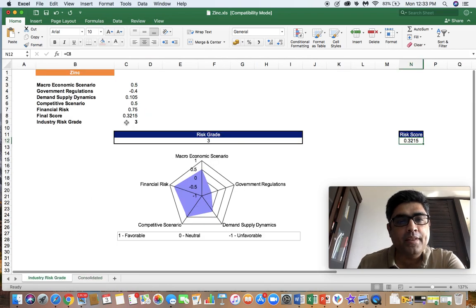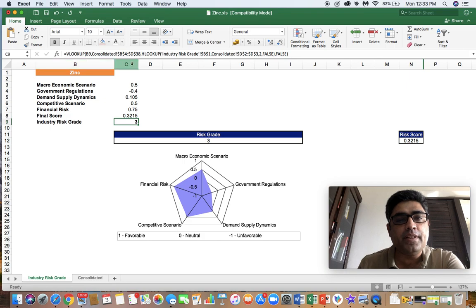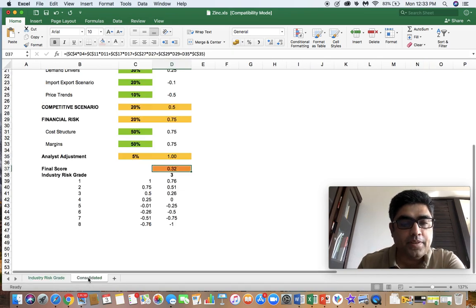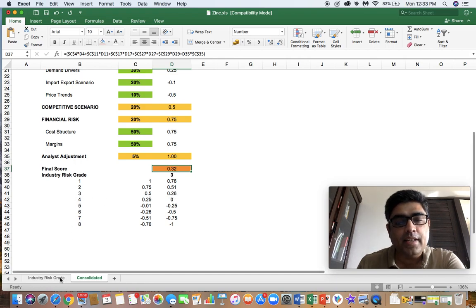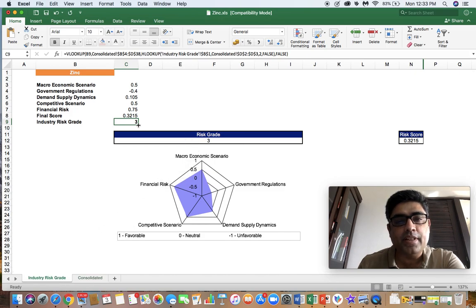And once you go over here, you see that we use a VLOOKUP to ensure the proper industry risk grade. The figure is 0.32, right? So it should ideally be somewhere between 0.5 and 0.26. So the industry risk grade should be 3, and that is what is getting represented over here. This is done with the help of VLOOKUP in Excel, right? And that is how you get an industry risk grade.